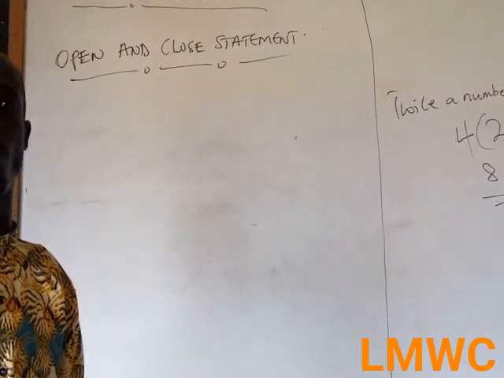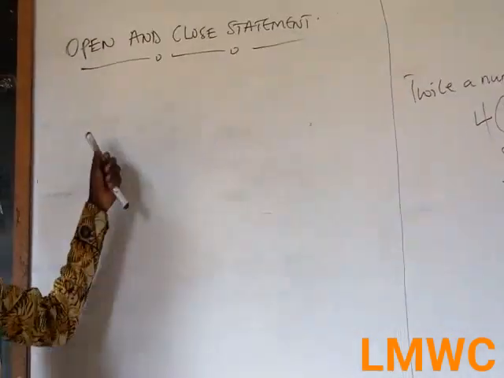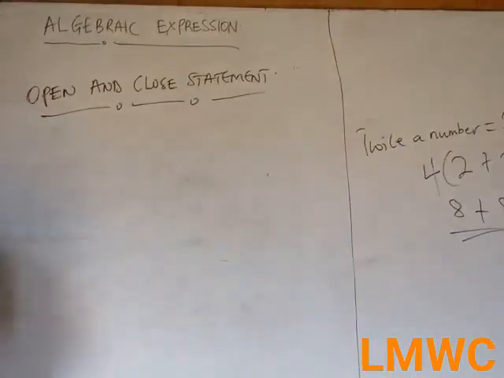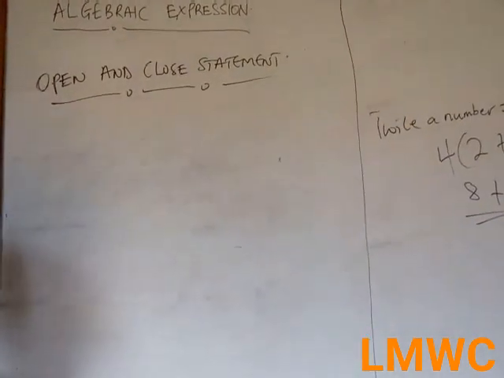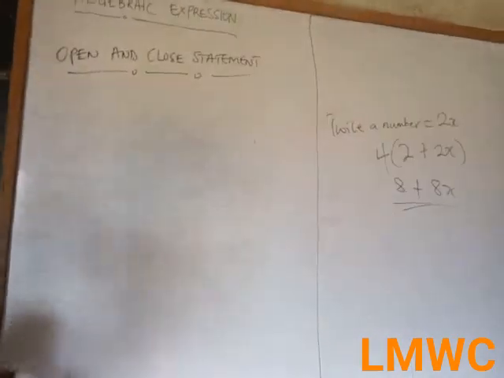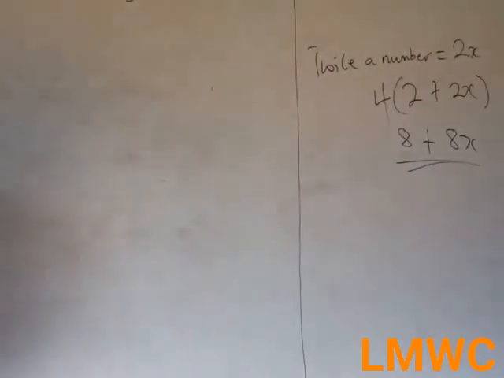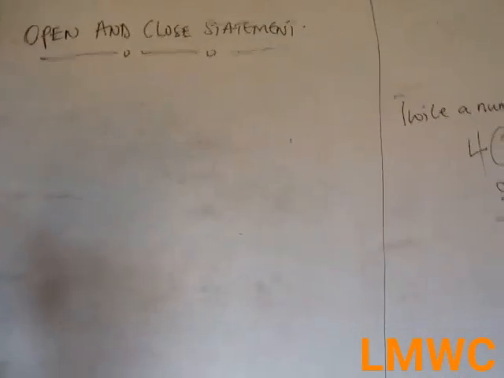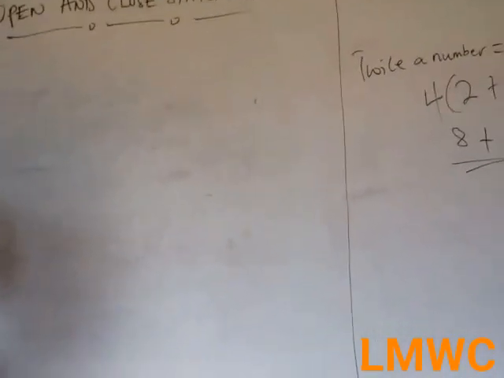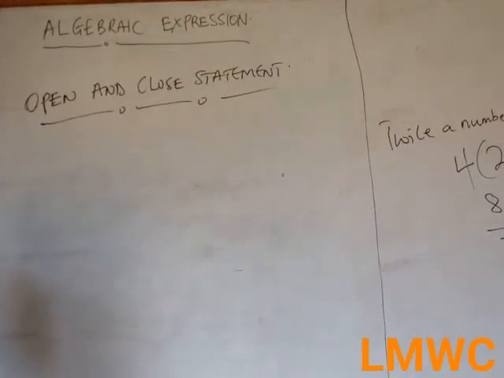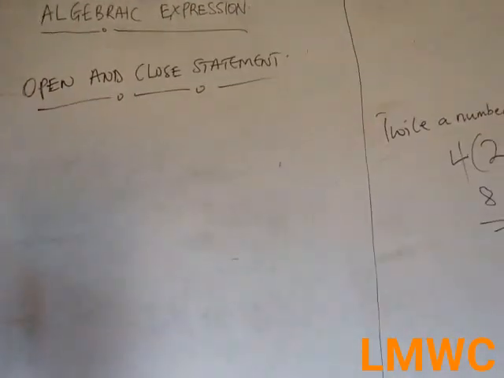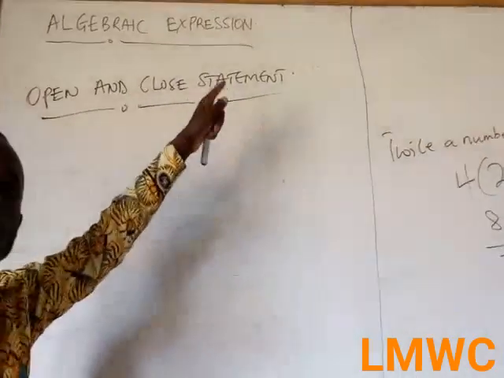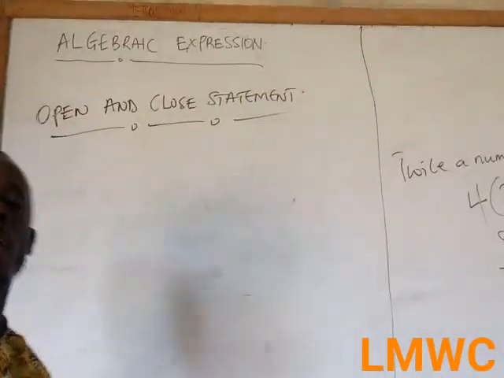Take note. I repeat, an open statement contains one or more variables, but a closed statement contains no variable. If an equation is neither true nor false, the equation is an open statement. But a closed statement gives a true value.